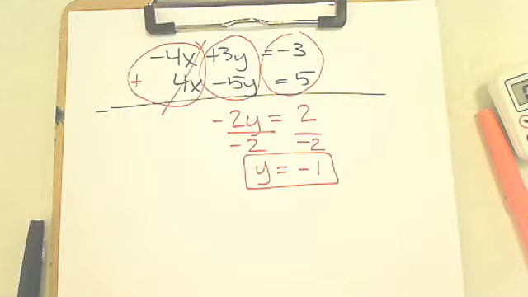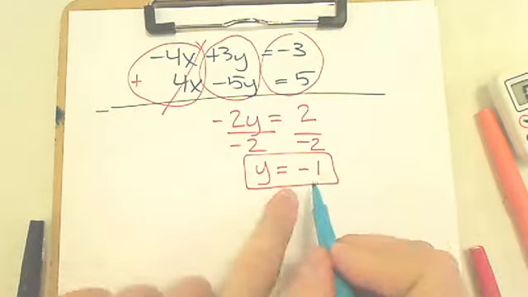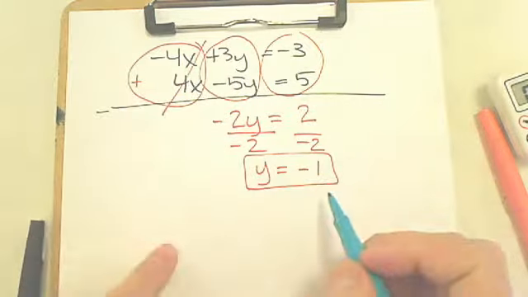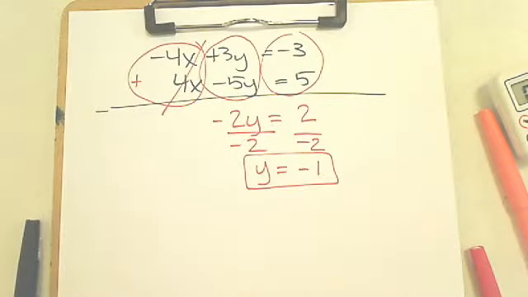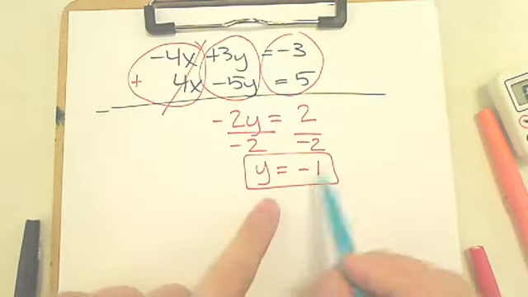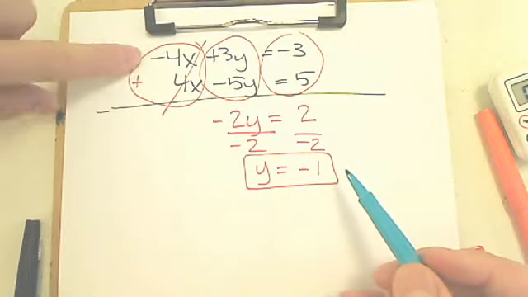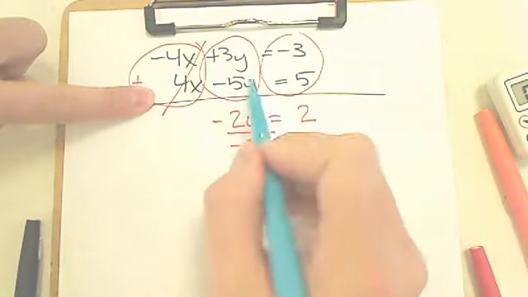To get the x value, you substitute it back in. Doesn't matter which equation, because this y works for both. Which equation is better? There's not a big difference. So let's pick one. First or second equation? Second, okay.